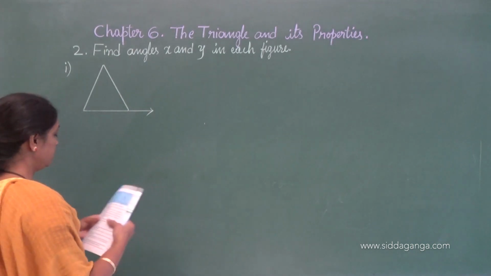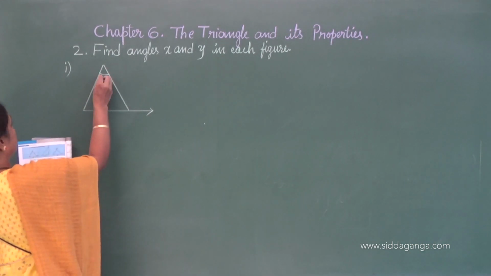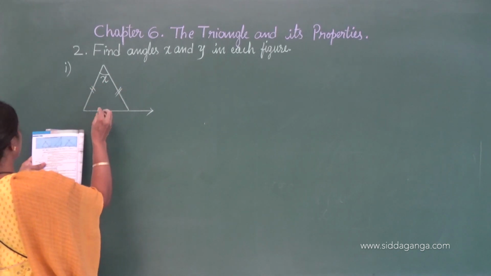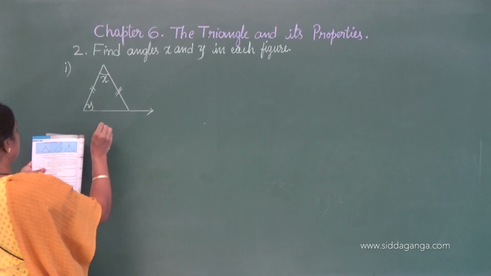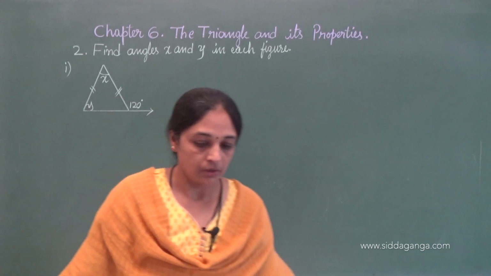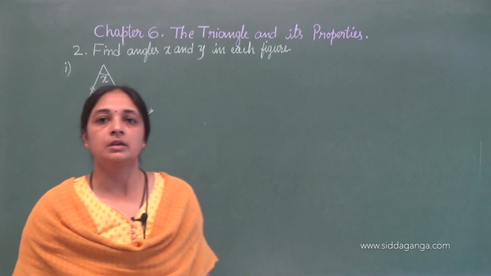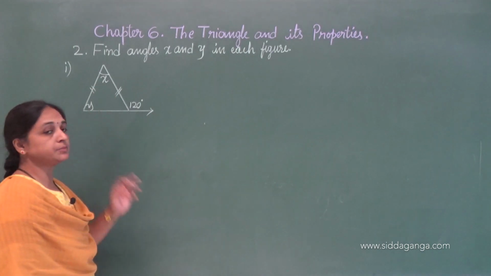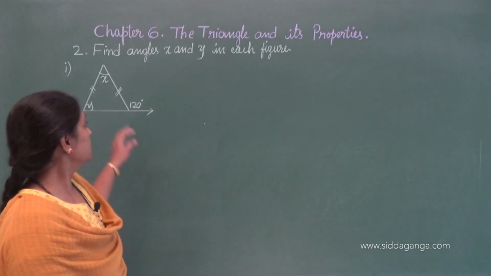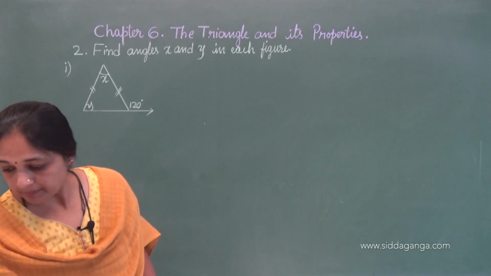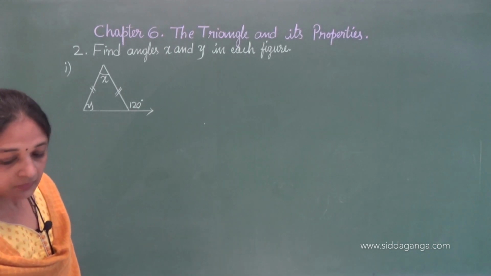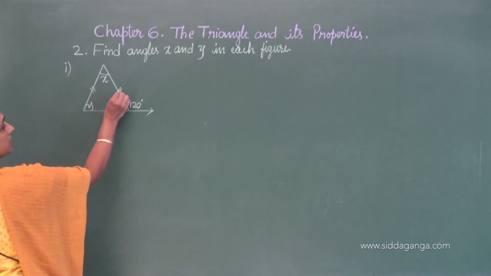So now it's x and these two sides are equal, it's y and it's 120 degree. So we try to solve these problems not by taking any name of the triangle. Okay, here these two sides are equal.